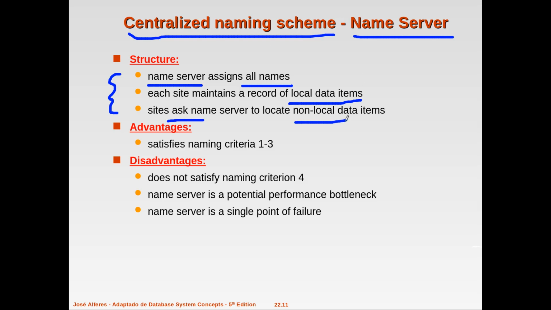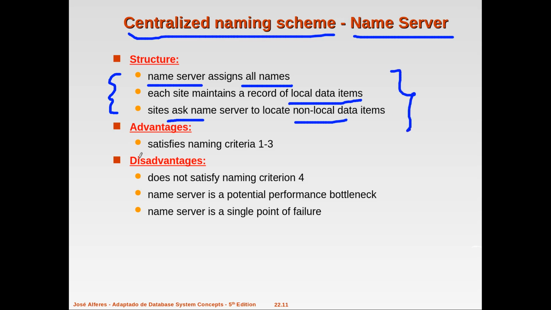If I want to access one item from another site, I will ask the name server where this particular data item name is present. So every request must go through the name server for locating a non-local data item. So this is the structure of a name server or centralized naming scheme.